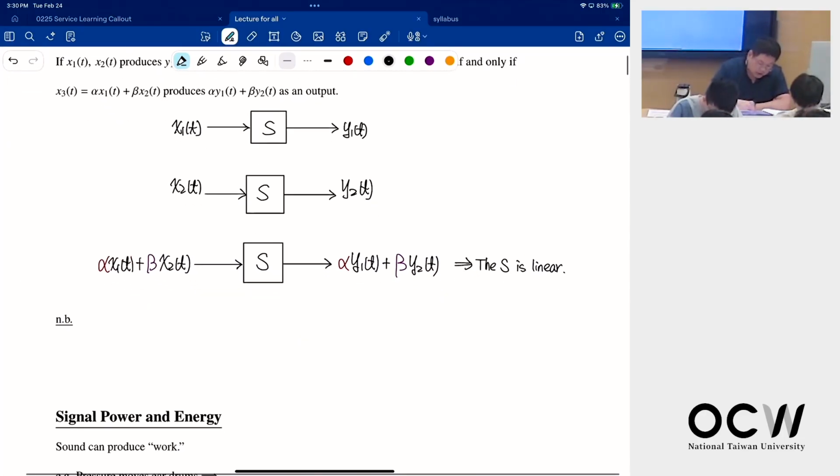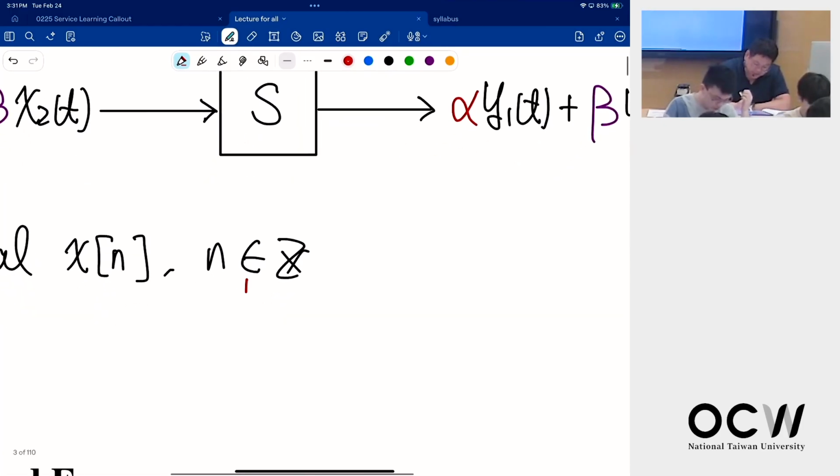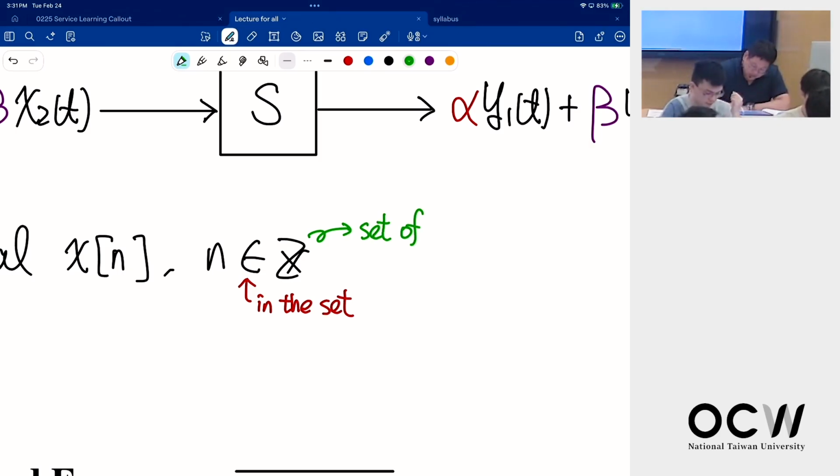Okay. In this case, the x is continuous, but it also applies to discrete time signals. So if I have a discrete time signal, you will see x[n], and this n is in the set of the integers. So that's Z. All right. Here, if you see this symbol, that means belongs to, or in the set. And the Z is the set of integers.